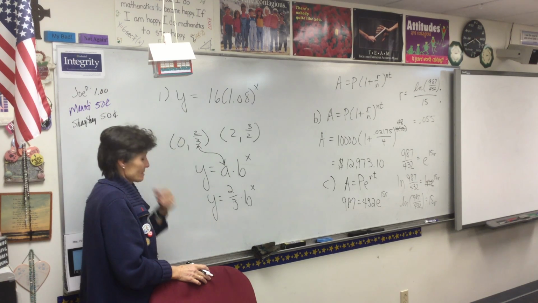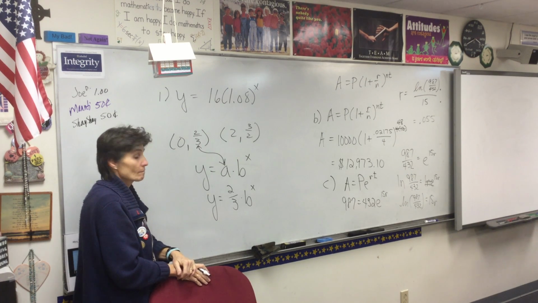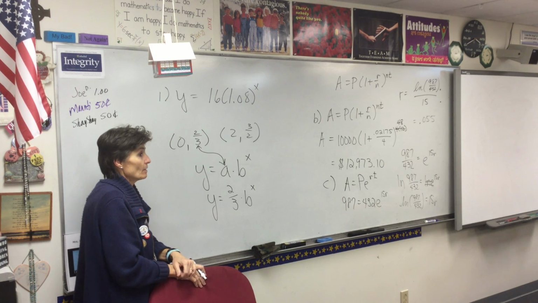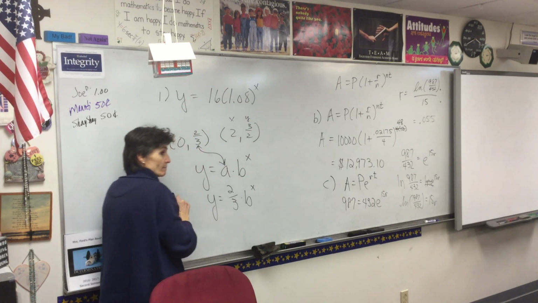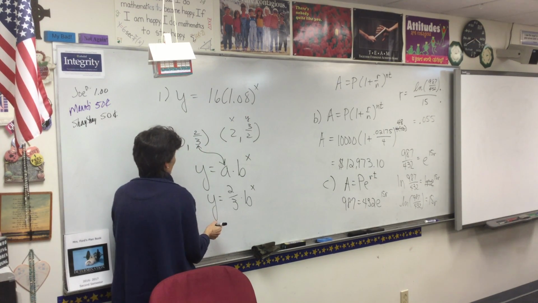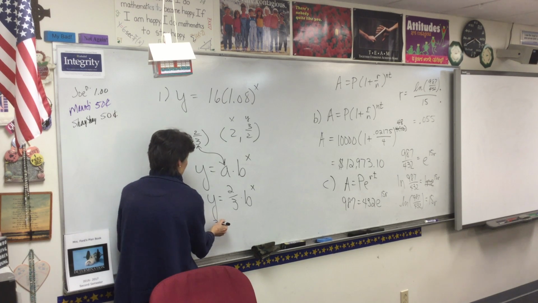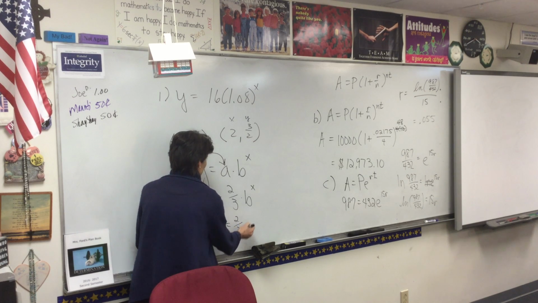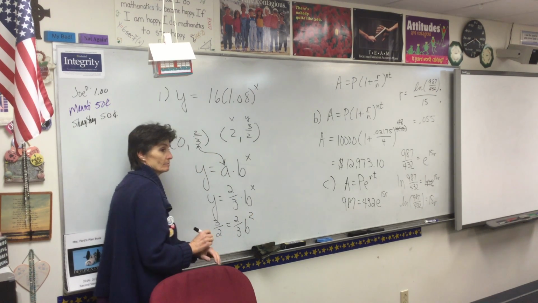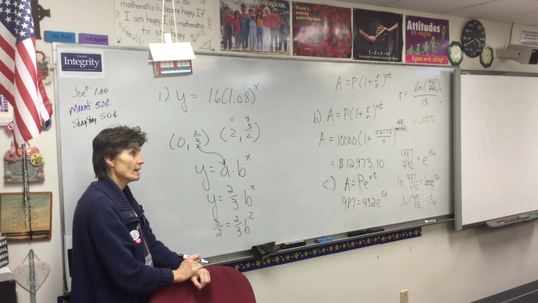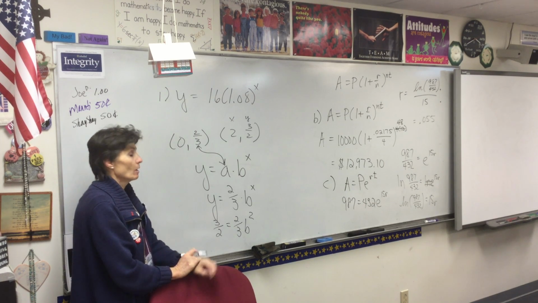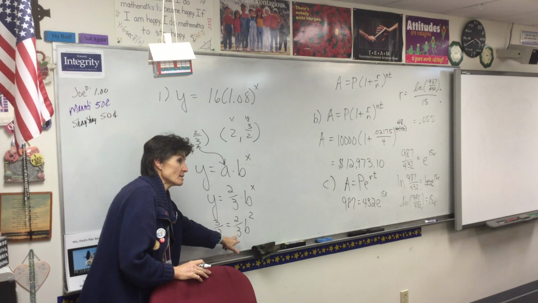Right now, what happens? We plug in the x and y of this point. So 3/2 equals 2/3 b to the second. Square root? No, I don't square root yet. What do I have to do? I gotta get rid of this number, right?